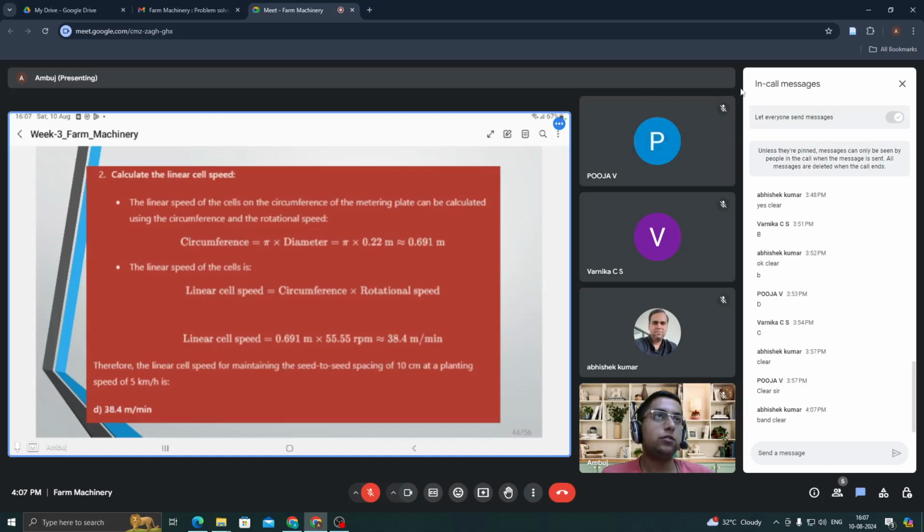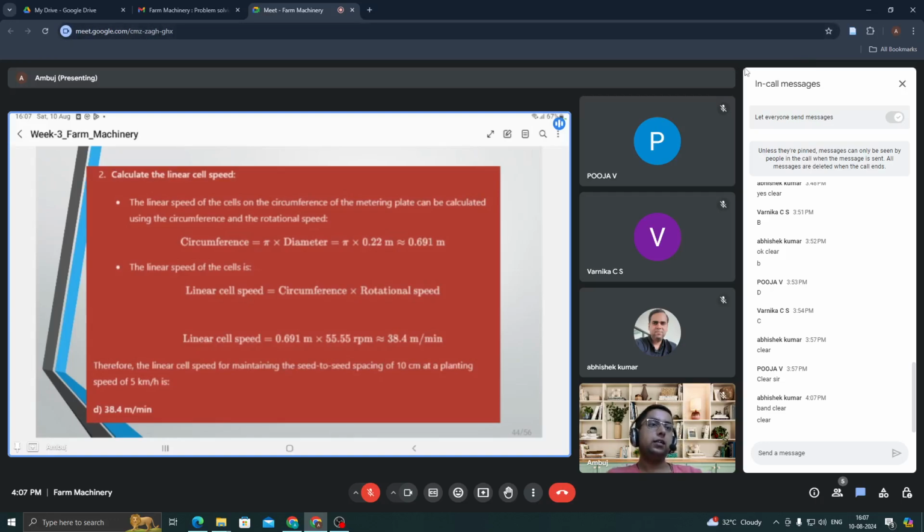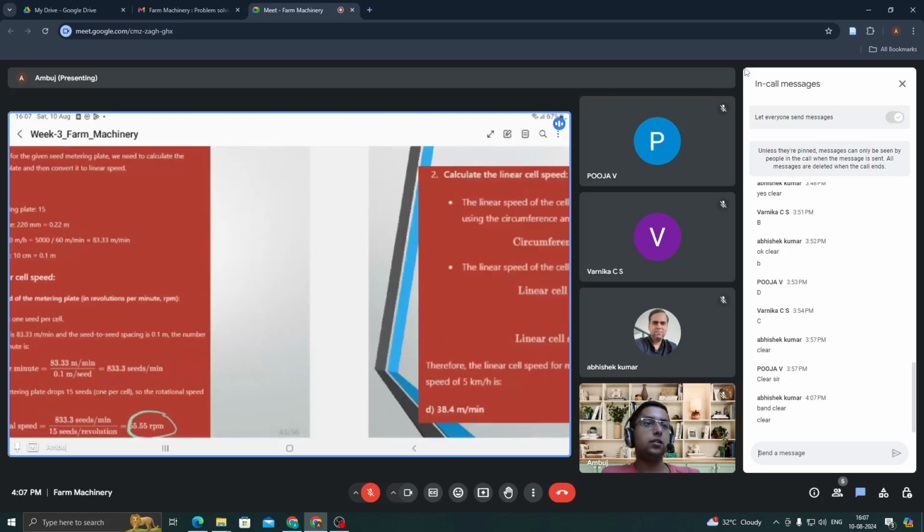Clear? Good. Okay. Good. For Abhishek, it is clear. For Pooja and Varnika, are you clear regarding this question? If you are having any doubt, then please do tell me.